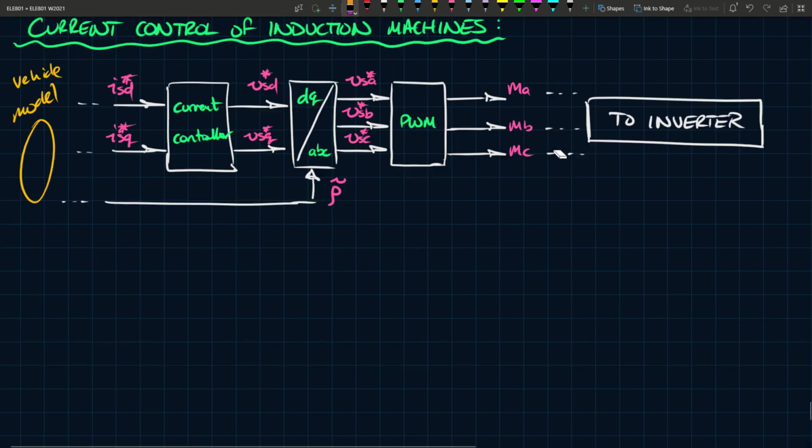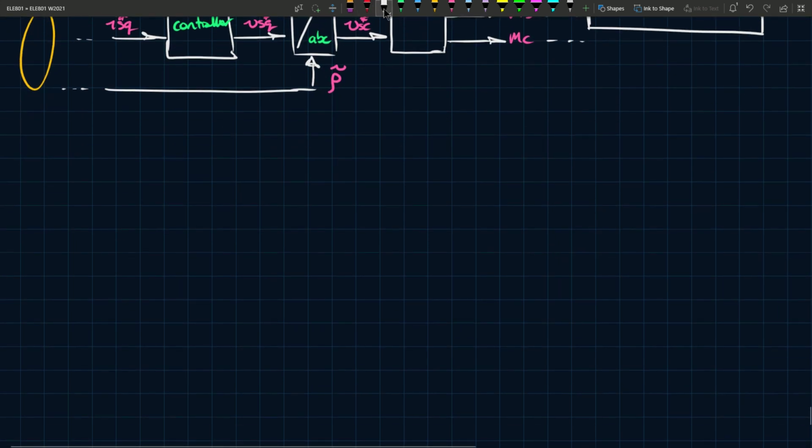To do so, we have to go back to our equations for the induction machine. And again, just a warning, this is another one of those mathematically dense videos with a lot of equations and manipulation, and it's just the nature of the thing we're trying to do. Anyhow, recall that d lambda s by dt is equal to Vs minus Rs Is. So this is one of the first equations we saw when discussing the induction machine.